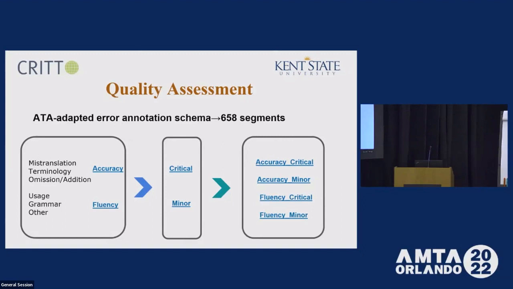And then we annotate by critical, minor, and then we group them together as 4 labels. But when we annotate, we use mistranslation critical, mistranslation minor, terminology critical, terminology minor, like this. And when you analyze the data, we group it into 4 labels. Because it's easier to understand.